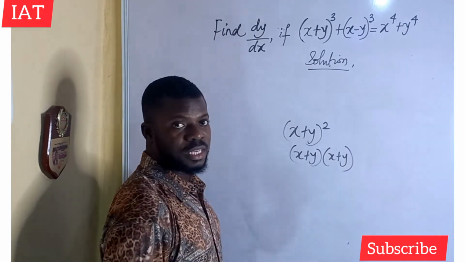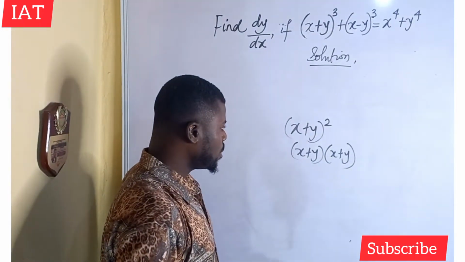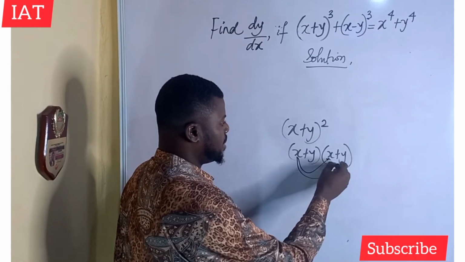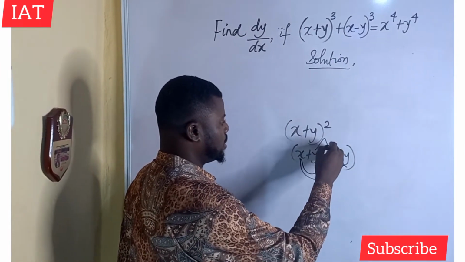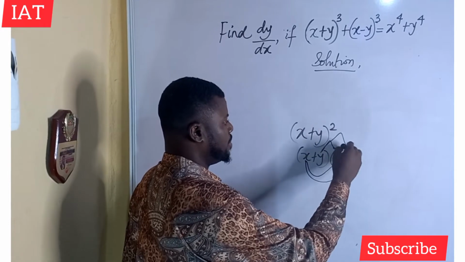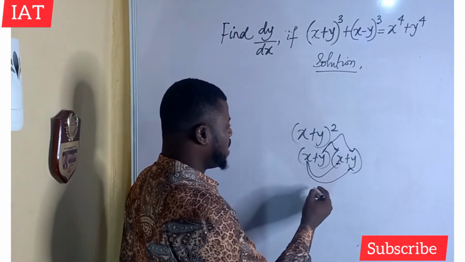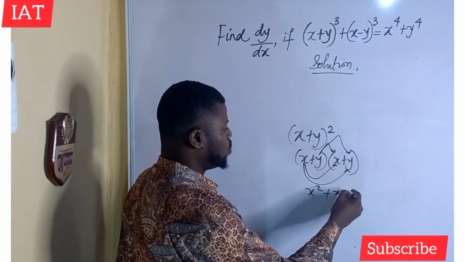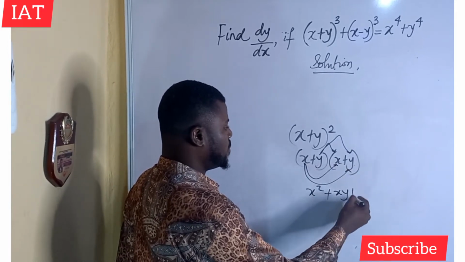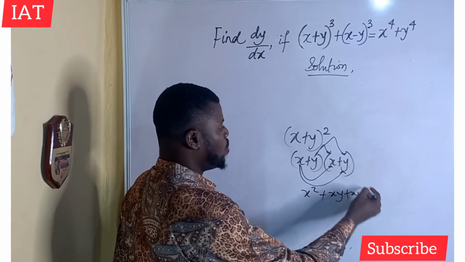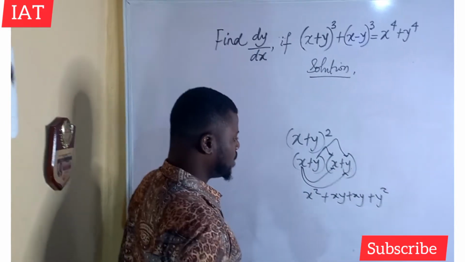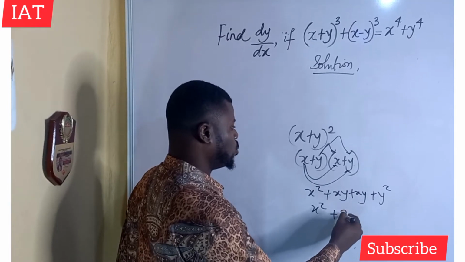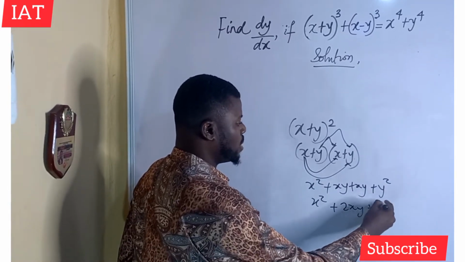The result is to multiply the first term by the first term, the first by the second term, and so on. So x multiplied by x gives x squared, plus x multiplied by y gives xy, and y by x gives xy, and y by y gives y squared. Then if you sum up, xy plus xy gives 2xy, plus y squared.